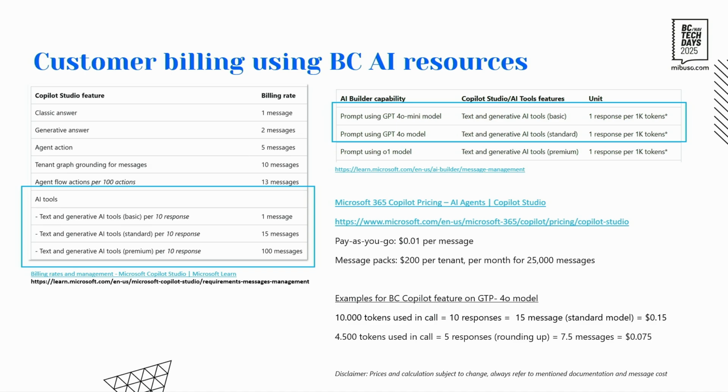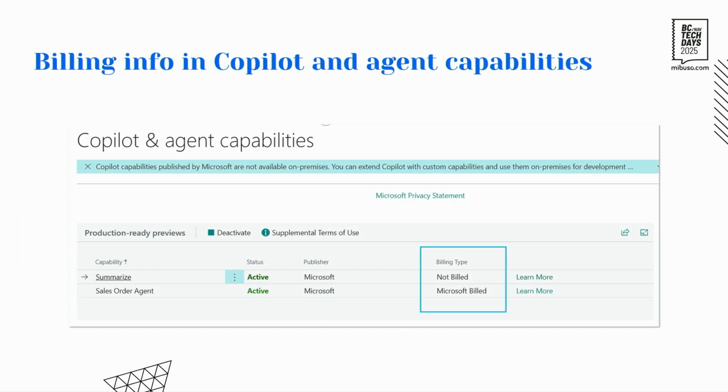So another example is if your feature in a call to the LLM is using 4,500 tokens, it's actually 5 responses or 5,000 tokens because we round up, and that becomes 7.5 messages or 7.5 cents. So that's a way to compute what the customer is going to be billed for using your feature. You can see this afterwards, right? There are going to be slides and recordings.